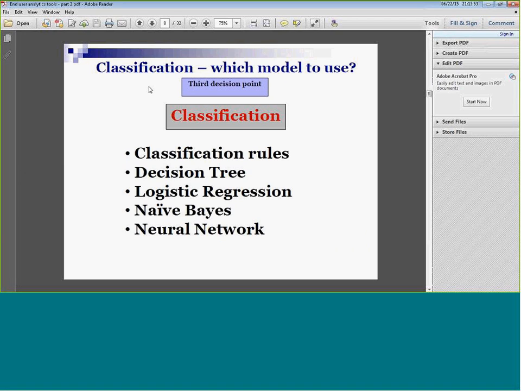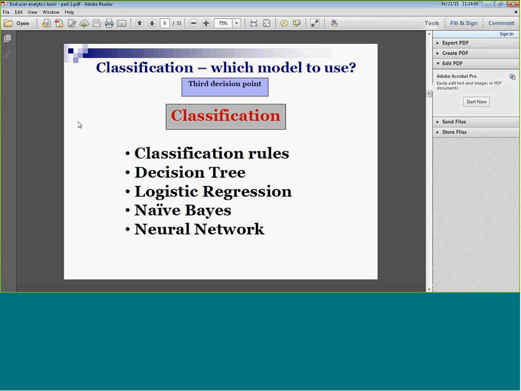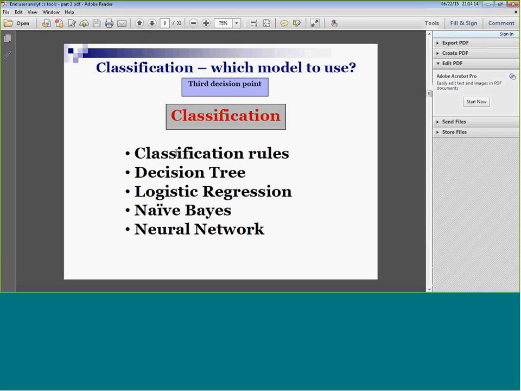So the third decision point, once you've decided, I have a supervised data set and I'm going to use one of these kinds of techniques, is: what specific model do I use? Under each of those, we have several choices. Under classification, we have these, at least these are the ones in the software that you're using called prediction.